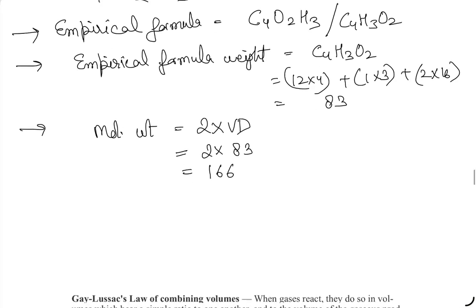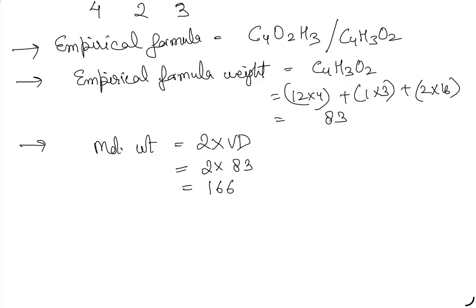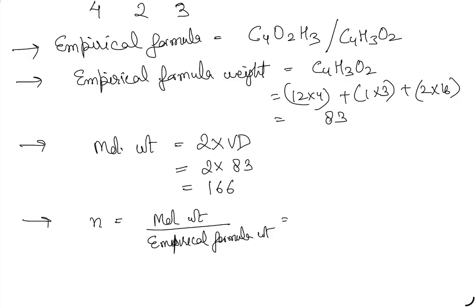Now I have both the weights, empirical formula weight and molecular weight. So what I am going to do is find out N. N is the molecular weight divided by the empirical formula weight, which is equal to 166 divided by 83.